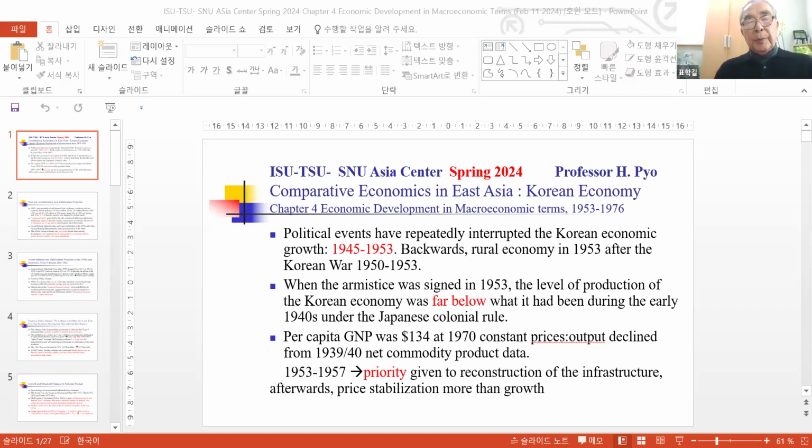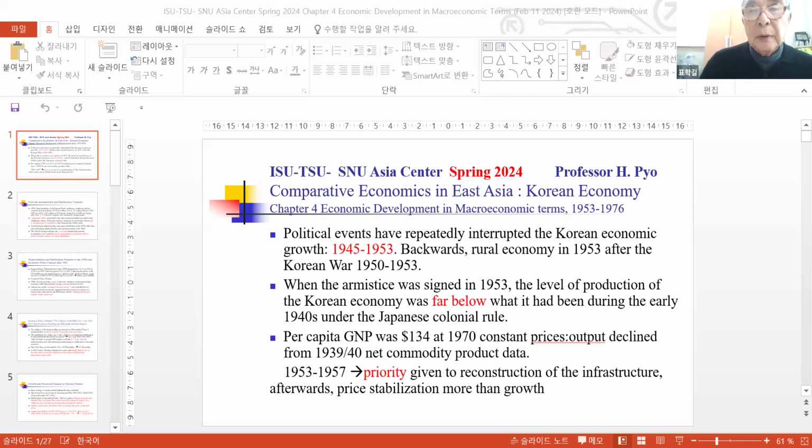The reason why chapter 4 is so important is because it introduces a very important economic analytical skill called growth accounting. To understand the entirety of this textbook, you need to learn how to conduct growth accounting, and how to interpret growth accounting, or a nation's economic development or economic growth pattern.